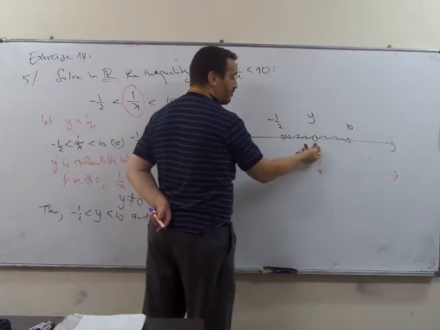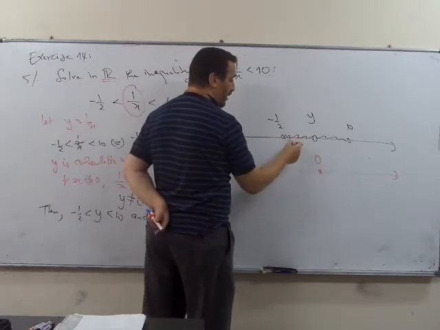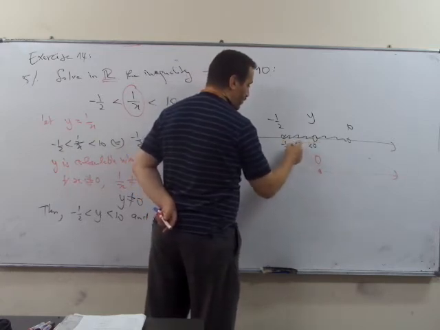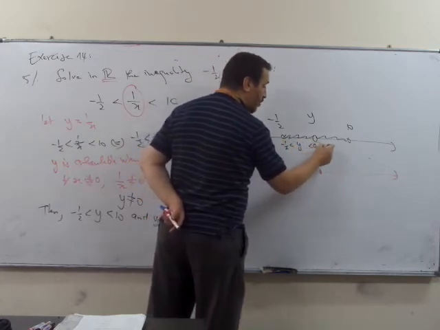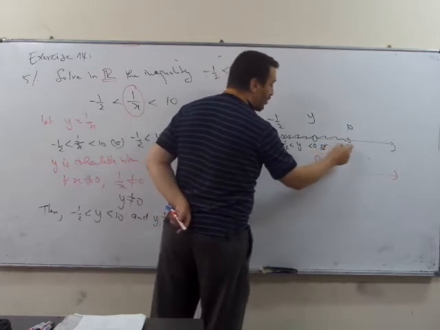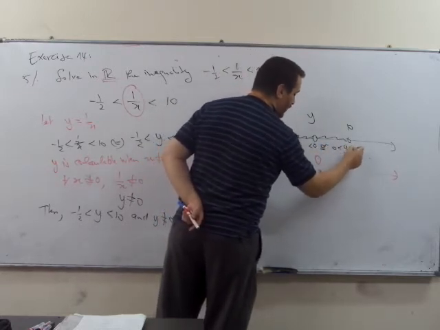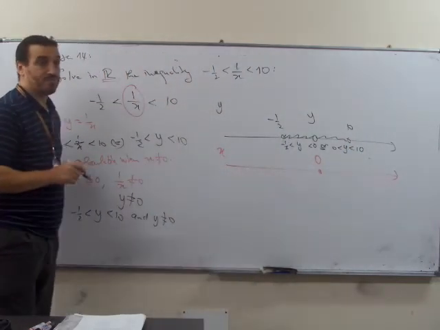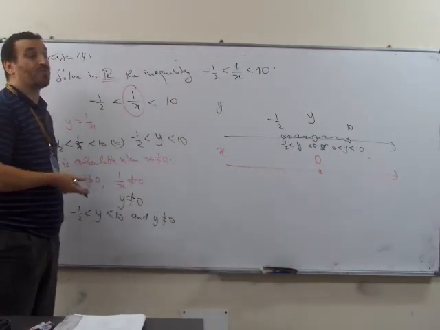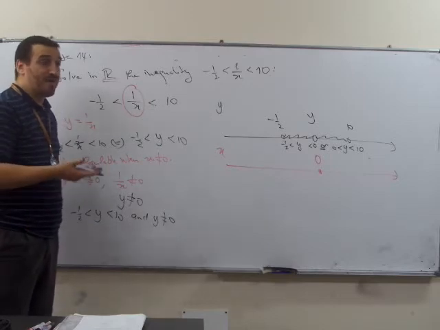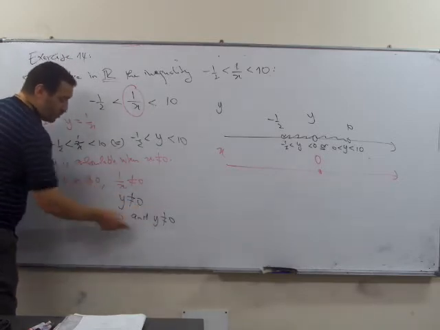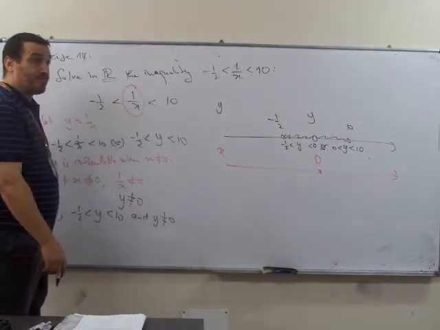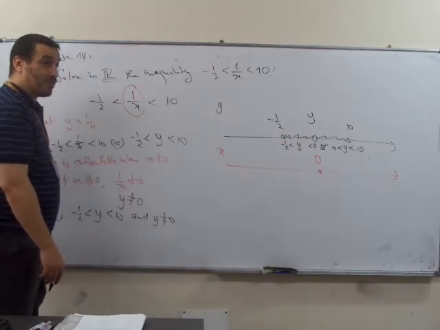If I take 0 out, then I can say that y belongs to negative half to 0, open, or y is between 0 and 10. Because 0 is not a possible value of y, if I do the intersection between these two, I'm going to get this set.